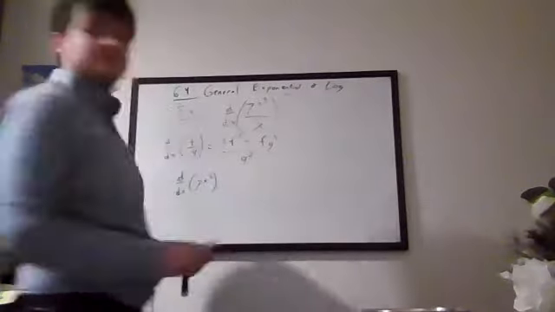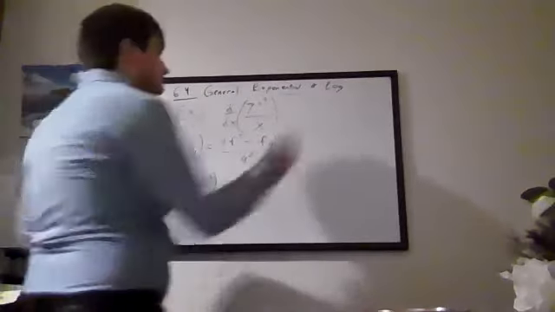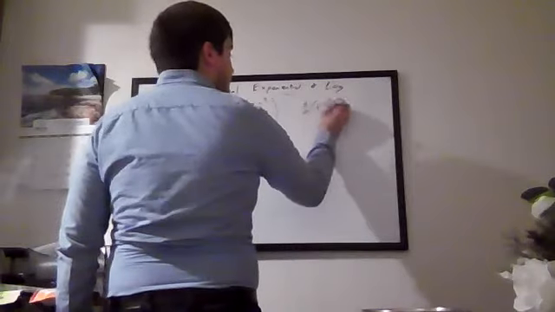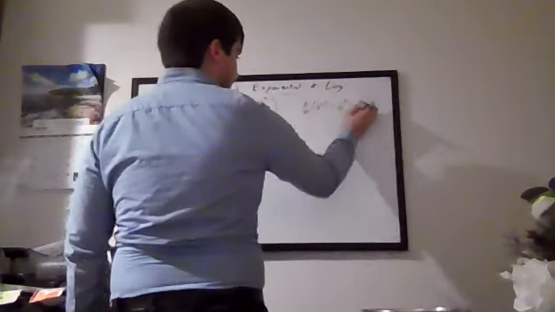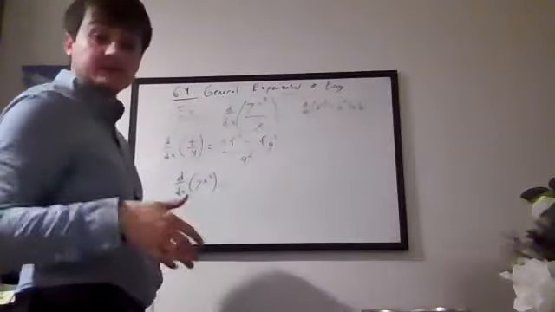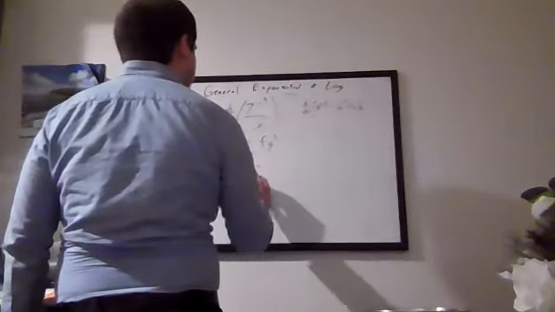Similar to the last one, when I'm taking the derivative of 7x to the third power, remember, the derivative of b to the x is b to the x times the natural log of b. So if we want to treat it like x first, think about it like x in the chain rule. In this case, we have 7. So I'm going to have 7 to the x cubed. I'm going to write that again.